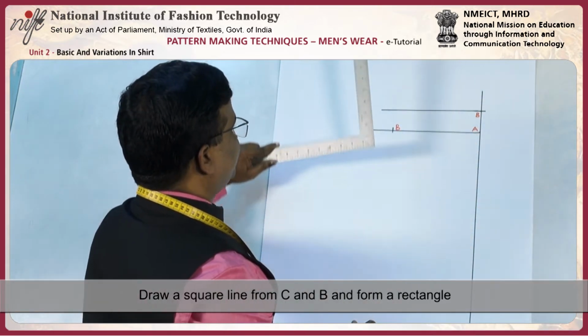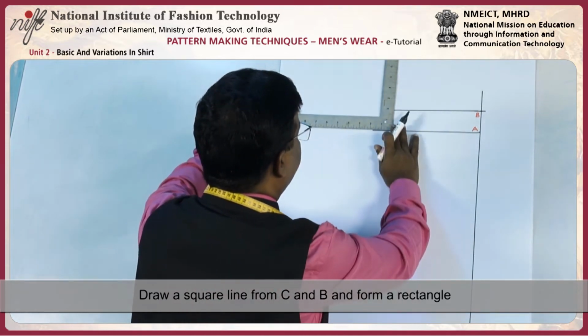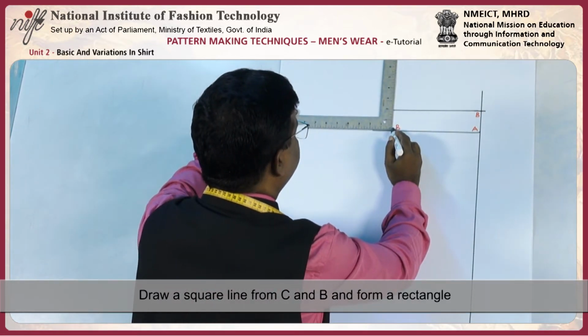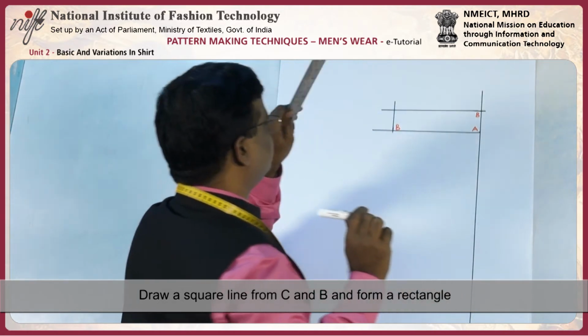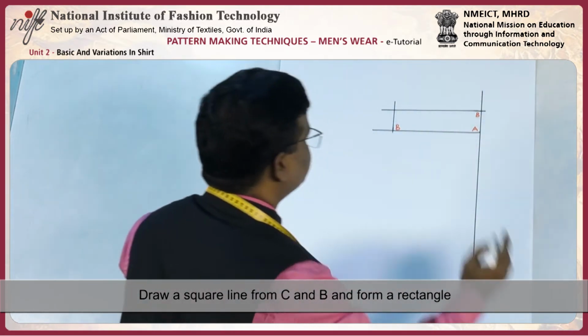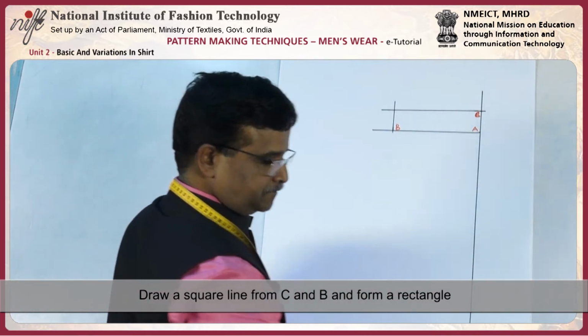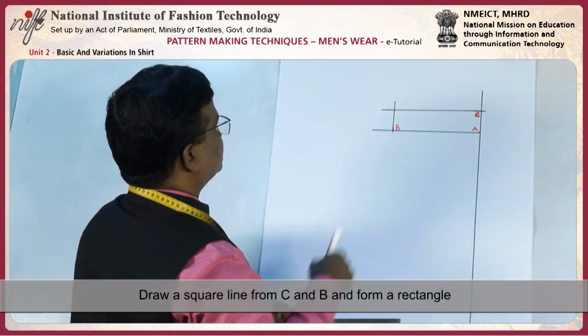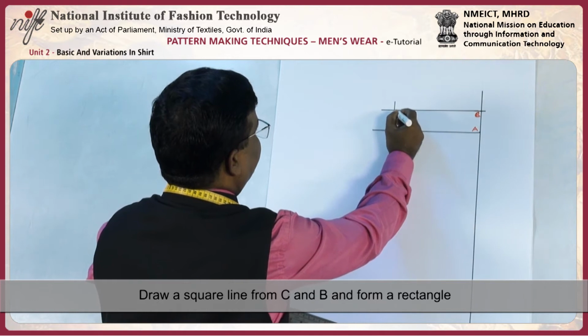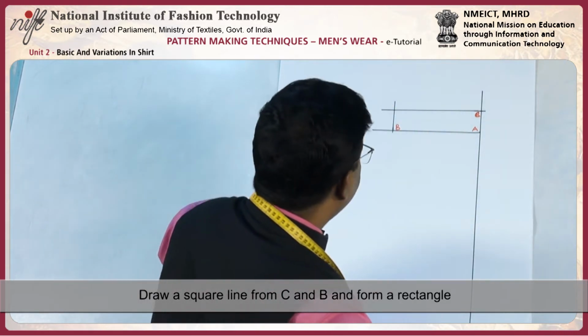And from B, square up. The intersection will be D.